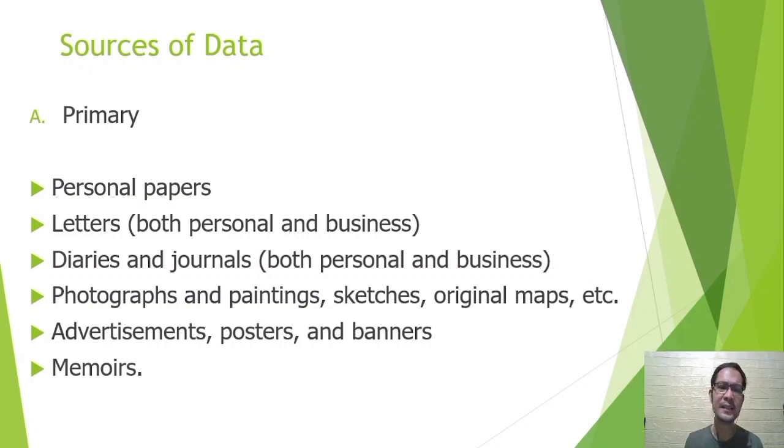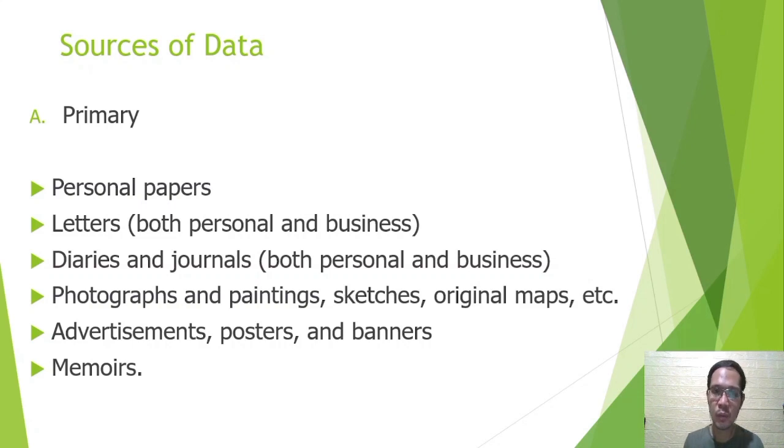So what are the examples of these primary sources of data? We have personal papers, letters, whether for personal or business purposes. Third, we have also the diaries and journals, which could be for personal and business purposes.